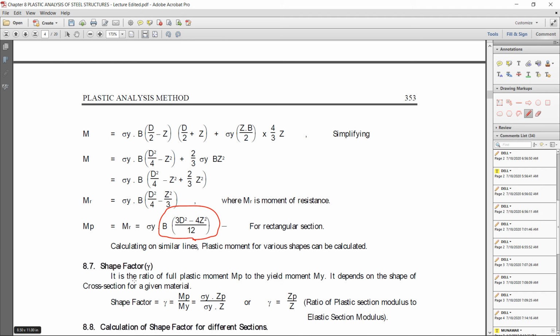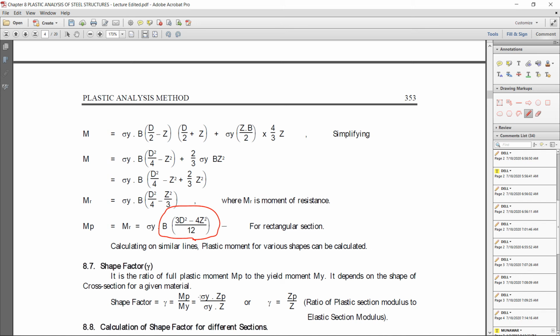It is the ratio of the full plastic moment or plastic section modulus to the elastic moment or elastic section modulus. It depends on the shape of the cross section for a given material.